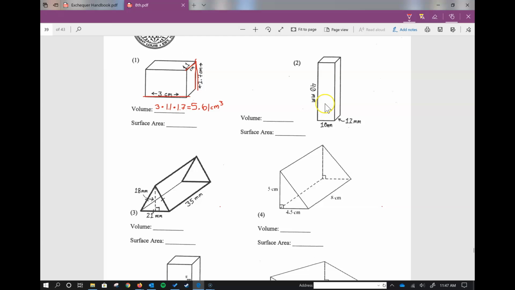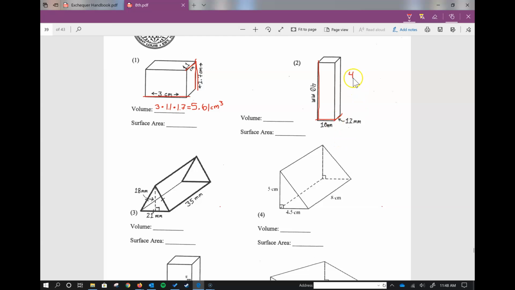What about over here? We have another box, this one tall and narrow. Not going to worry about what's the length, what's the width, what's the height. We're going to look at what's our left to right measurement. That's 10. What's our up and down measurement, straight from the floor to the top? That's 40. What's our front to back measurement? That's 12.